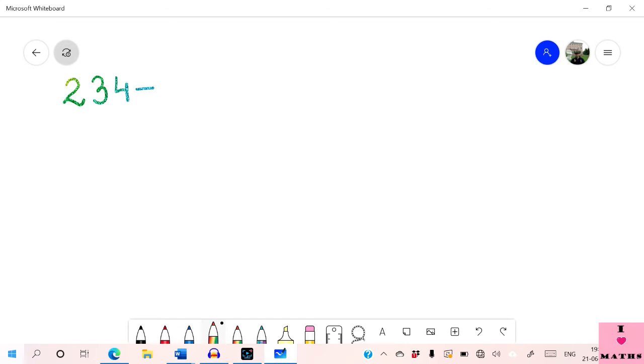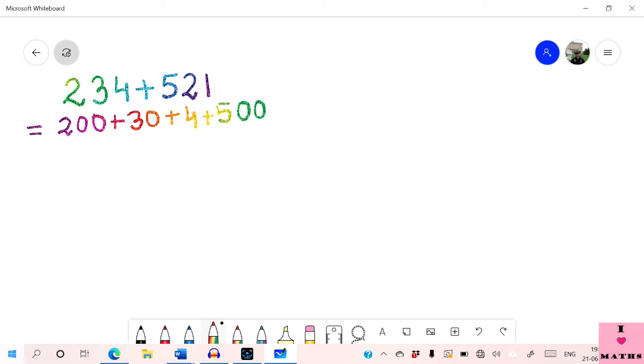234 plus 521. Okay, again we will expand them. 234 is equal to 200 plus 30 plus 4, and 521 is 500 plus 20 plus 1.